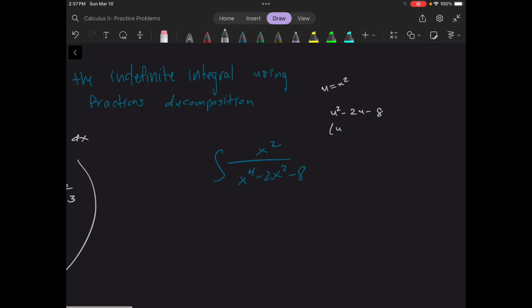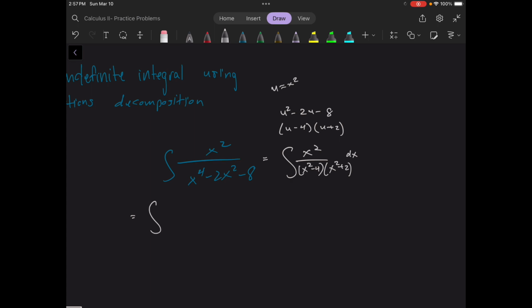It obviously turns to u plus 4 and u minus 2. Right? No, I have them backwards. It's u minus 4, u plus 2. Right? So really this bottom just factors to, if you plug back in u, you have x squared minus 4 and x squared plus 2 dx, right?